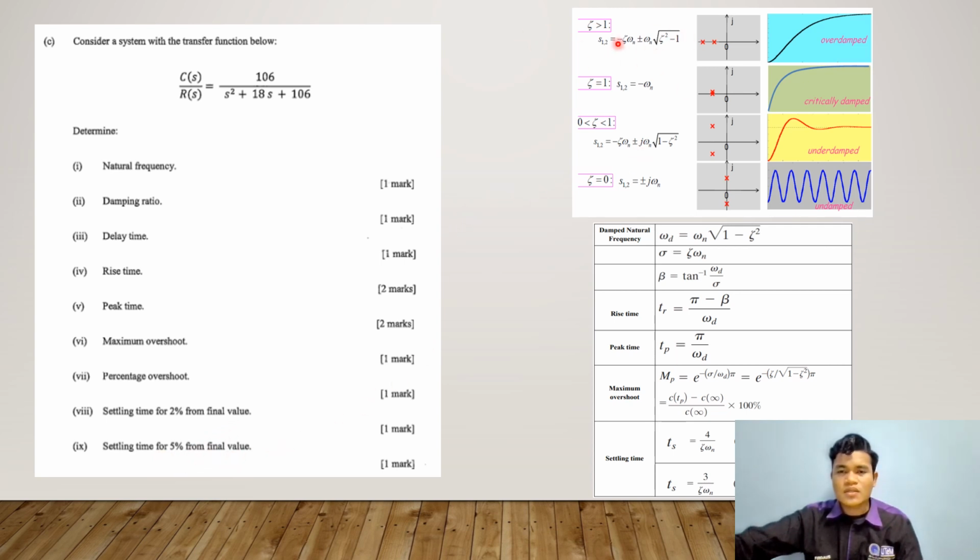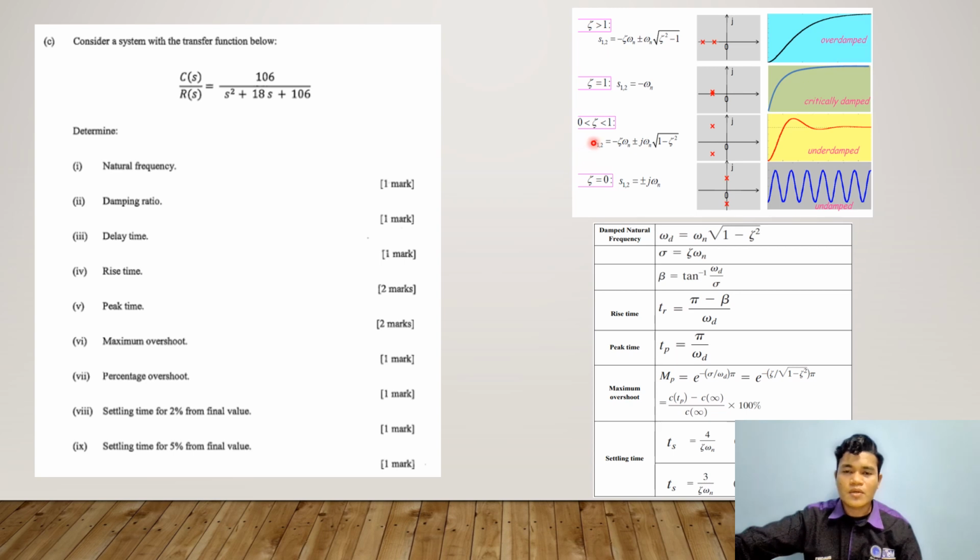Okay, this is the article that I got. The article shows about overdamped, critically damped, underdamped, and undamped. In these four cases, we can understand by their zeta. When zeta is bigger than 1, it's overdamped. When zeta equals 1, it's critically damped.